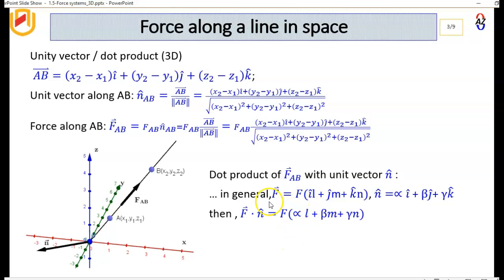Now F is written as follows, as we have seen before, and n is written in general as alpha i plus beta j plus gamma k, which means F dot n in this direction is simply F times (L alpha plus M beta plus N gamma). So that's our representation of the dot product.